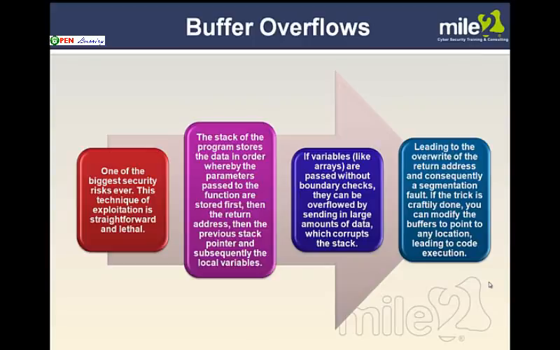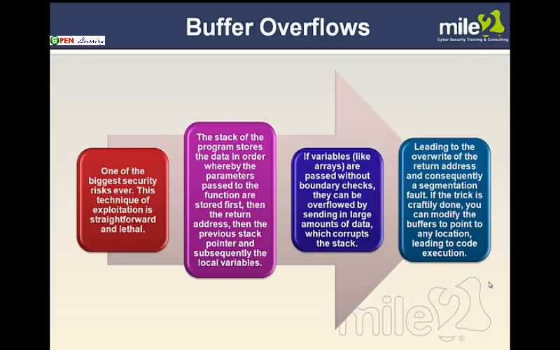It's a pretty simple concept, but essentially the stack of a program stores the data in the order where the parameters passed to the function are stored first, and then the return address, and then from there the previous stack frame pointer, which subsequently affects the local variables, and the variables may get passed without any sort of checking of the boundaries.